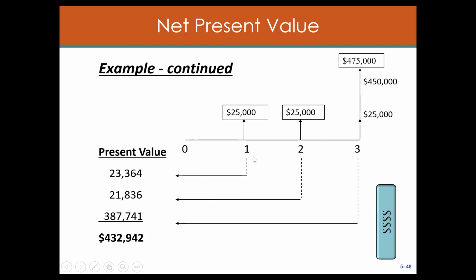Then year 2, I'm getting 25. Year 1, I'm getting 25. The question is how much I'm willing to pay now. Just discount them to today's dollar at 7%. Then you will find that it is worth $432,942 today. And if you get a deal less than this, then you're good. Make sense?